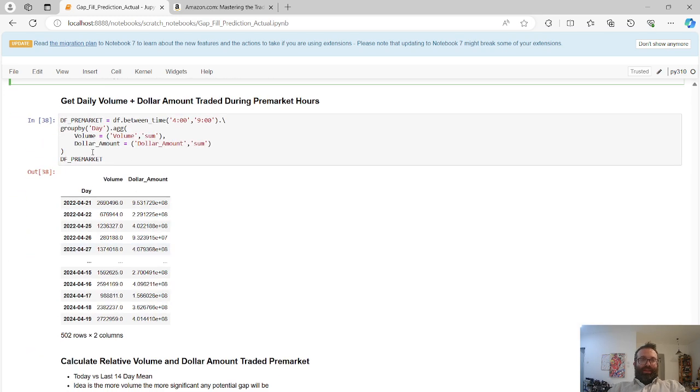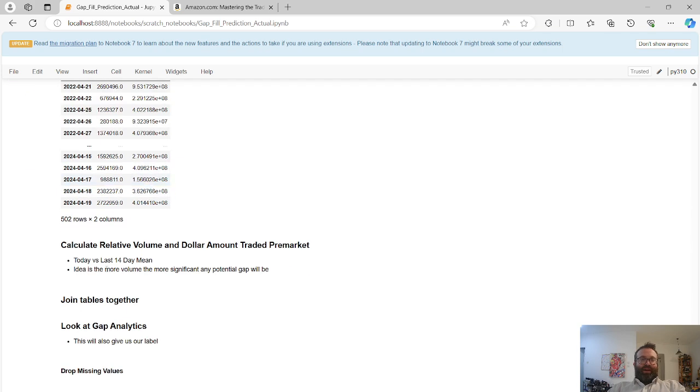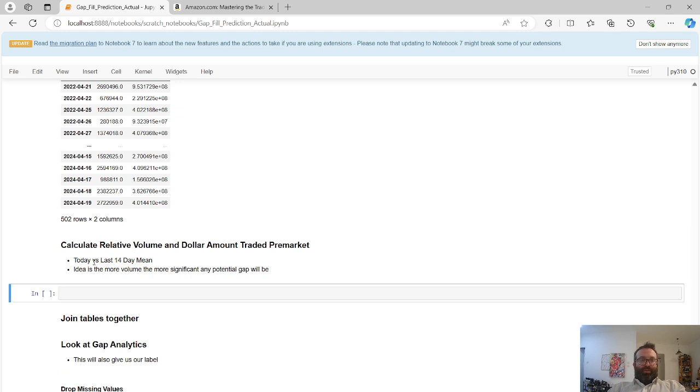Okay, so now I have the pre-market version. I calculated the pre-market volume and dollar amount. So now let's do the relative volume and dollar amount traded pre-market. Again, we're going to compare today to the last 14 days. So we can do df pre-market volume average 14, which would be the average of the last 14 days.